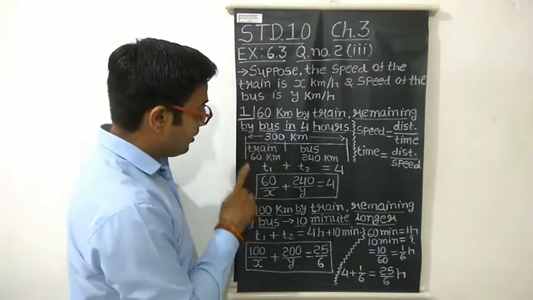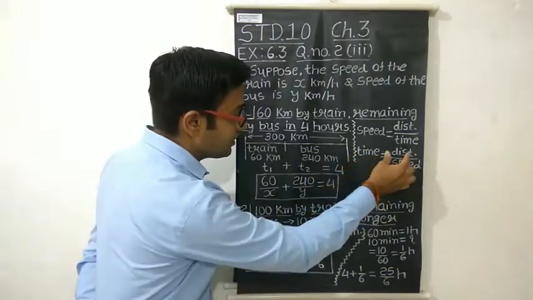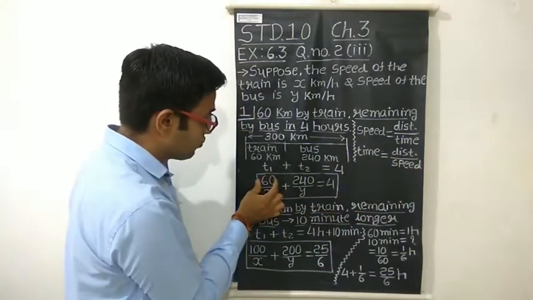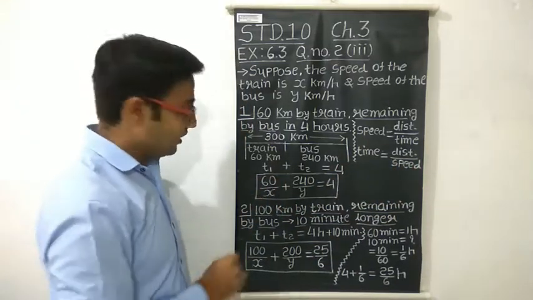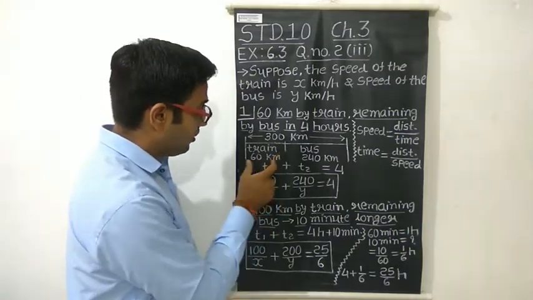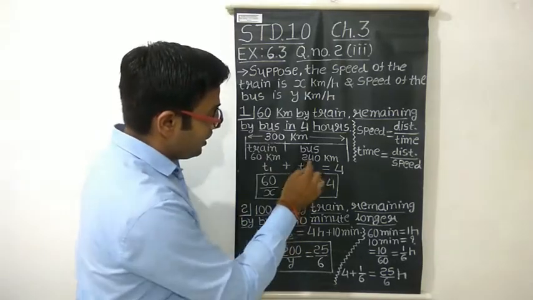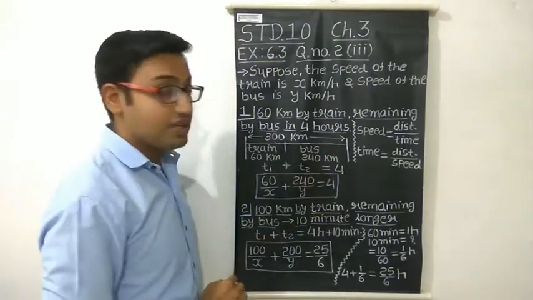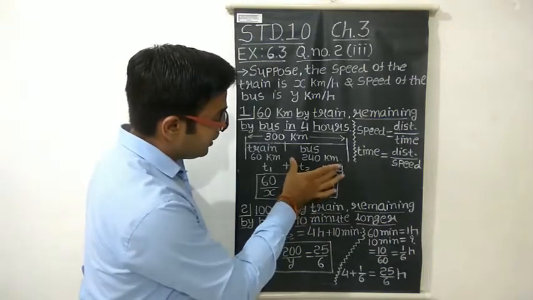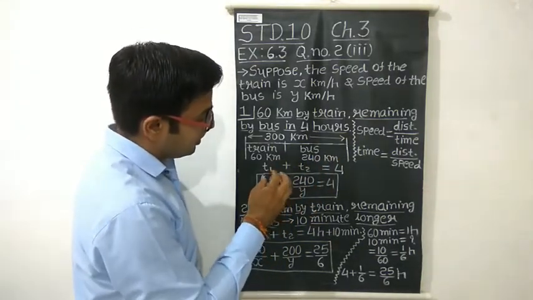So the time taken by the train to cover the 60-kilometer distance is distance over speed, and that is equal to 60 upon x. So this many hours are taken by the train to cover the 60 kilometers of distance.